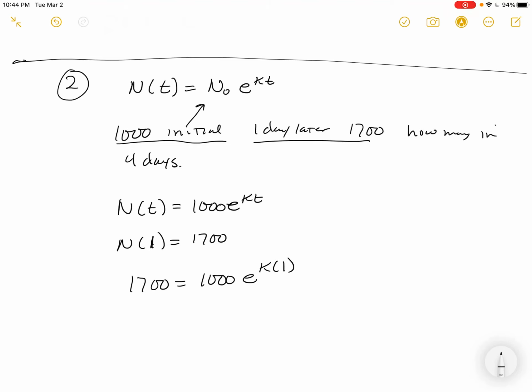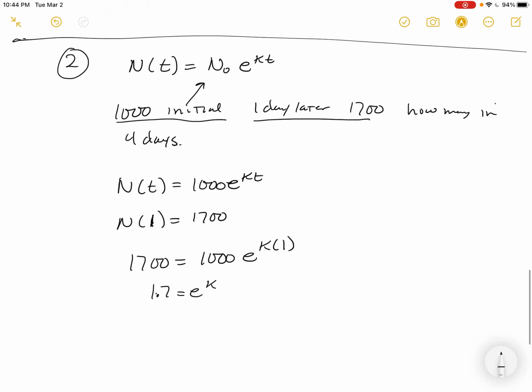So 1,700 divided by 1,000 is 1.7 is equal to e to the k. Well, let me just use the definition of logs. That means ln of 1.7 is simply equal to k.